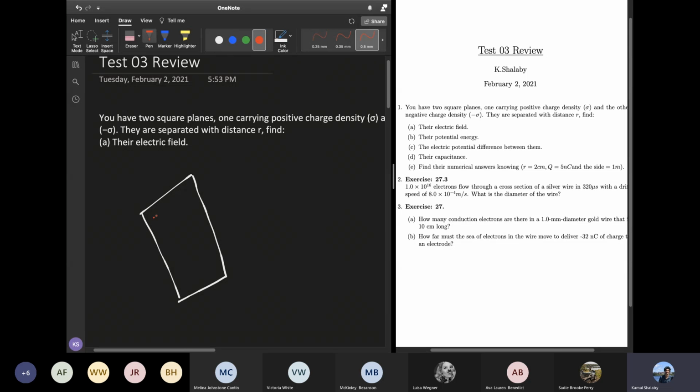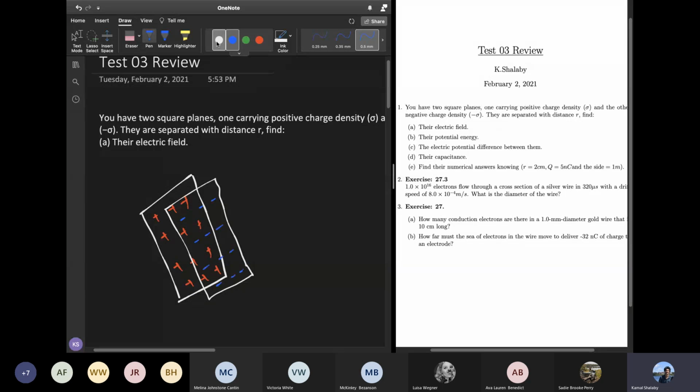Okay, so if this one has positive charge everywhere, and then there's a negative plane in here that has negative charges in it.